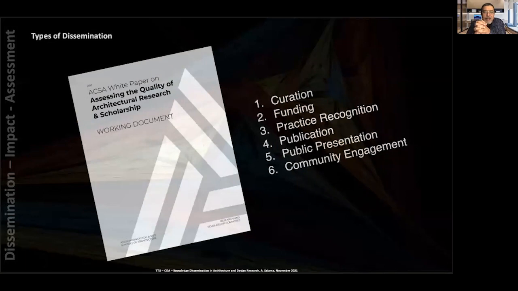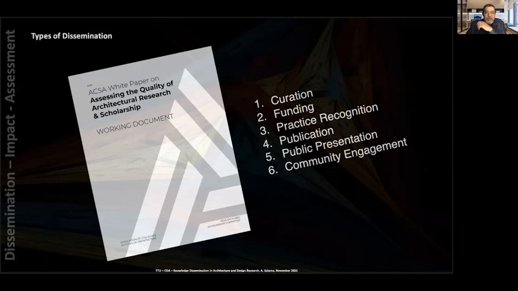So speaking about the types of dissemination and the assessment of that dissemination, I'm referring here to the ACSA document, which is an excellent document, and trying to expand the scope of dissemination and really materialize many of the practices of architects and design researchers, documenting here, assessing the quality of architecture research and scholarship in North American universities.